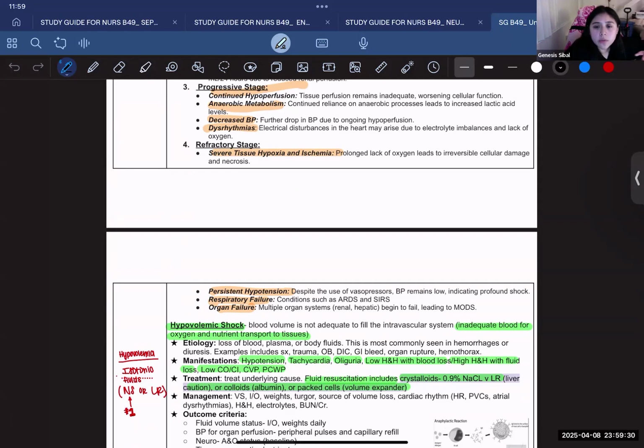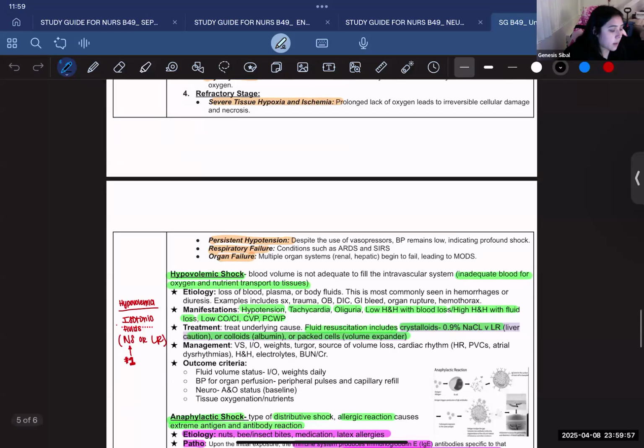Inadequate tissue perfusion, less cell function, anaerobic metabolism. So again, you're having that production of lactic acid happening, decreased BP because of the volume. I think about it like how we talk about early versus late sepsis, right? Cardiac output is high at the beginning, and then eventually it's going to go lower, because it's more about the compensation and then it progresses into worsening dysfunction.